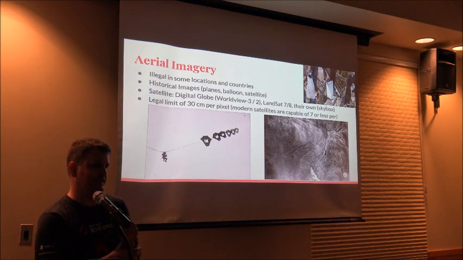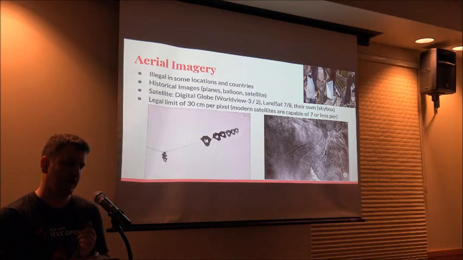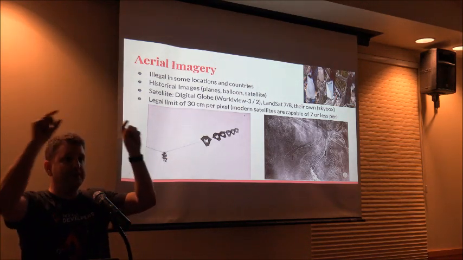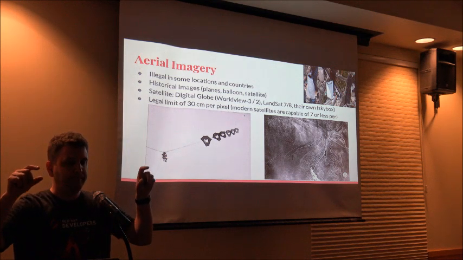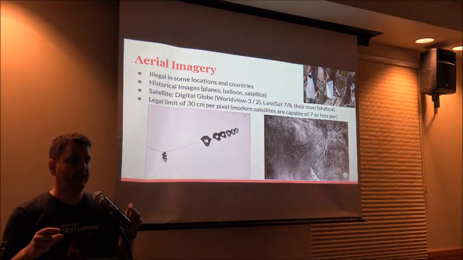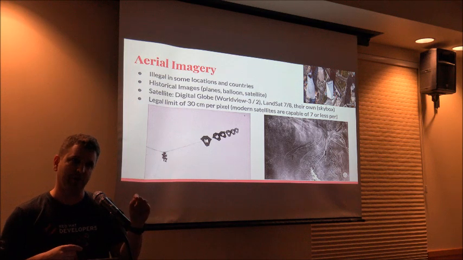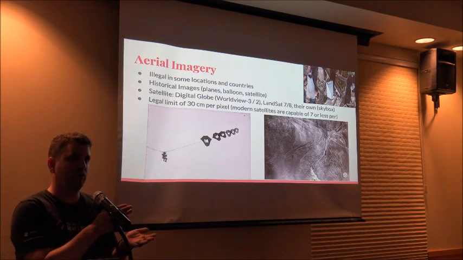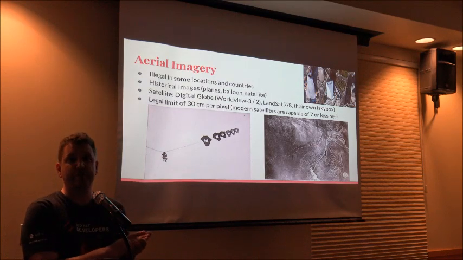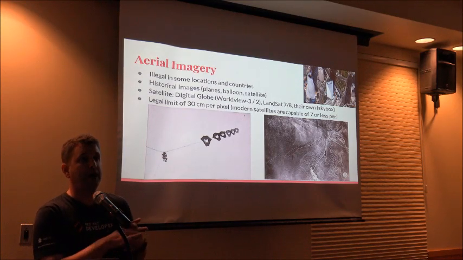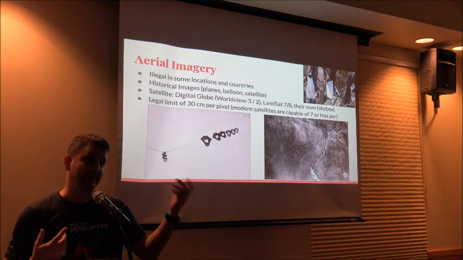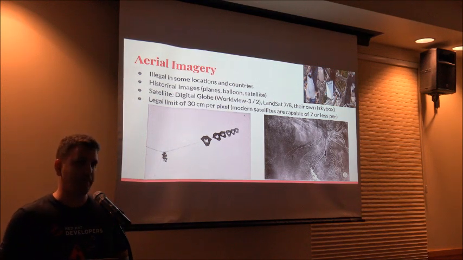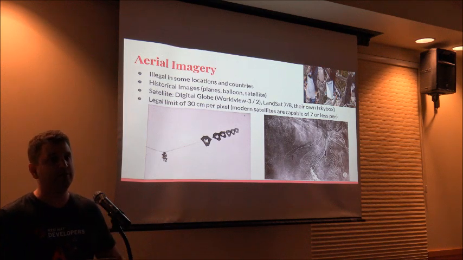And they measure it in centimeters per pixel, which seems kind of weird, but everybody's computer screen is comprised of pixels. What they're saying is that within an individual pixel, this is the most data you can show. So for commercial uses, it's 30 centimeters. But the satellites are capable of seeing a needle on a road. They can go down to 7 centimeters per pixel, and then the government satellites can do even better.